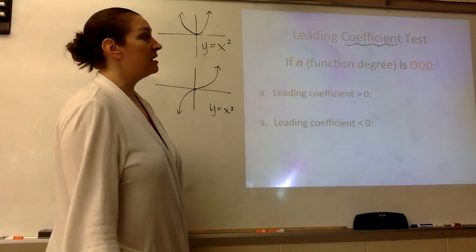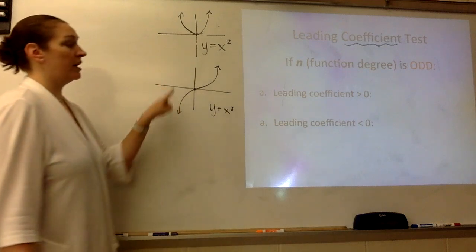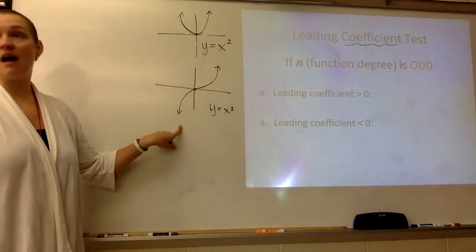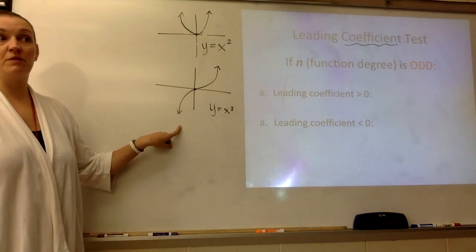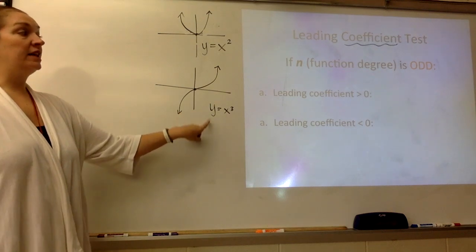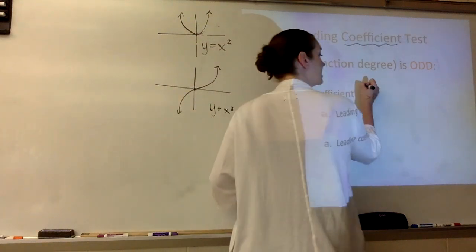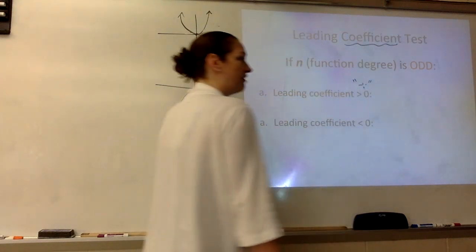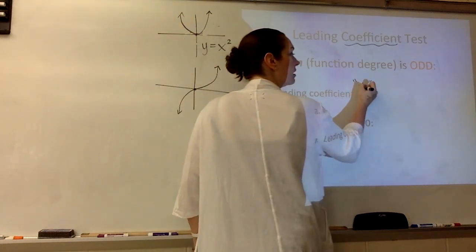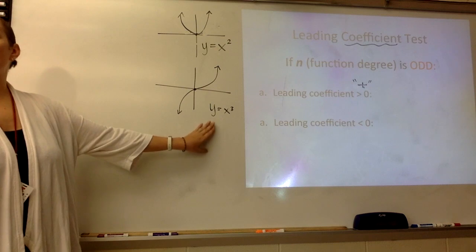All right, so if n is odd, is it going to look like x squared or x cubed? If n is odd. Let's understand that definition part first. It's going to look like a cube, okay? If the leading coefficient is greater than 0, in other words, it's positive, that's the math definition of positive, that means it's going to model off of what we already know for x cubed.